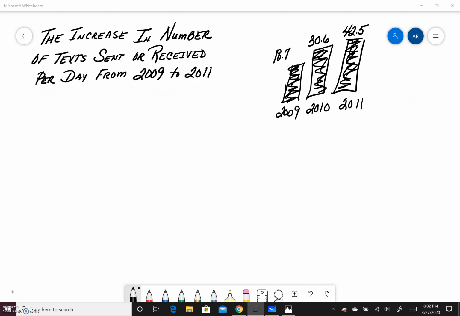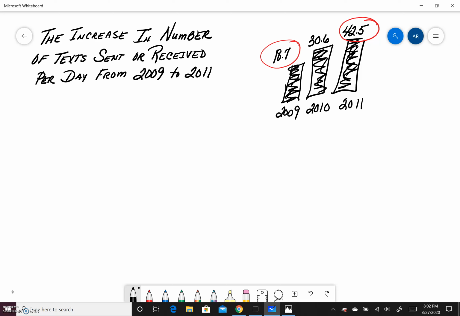You're going to have a word problem on your quiz, which will read: the increase in number of texts sent or received per day from 2009 to 2011. So you're going to go over to your chart and gather your numbers. So we have 2011 and 2009.